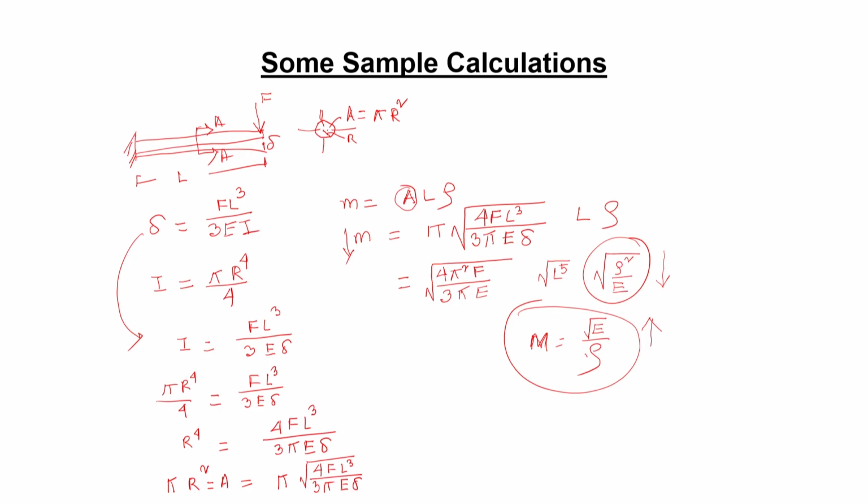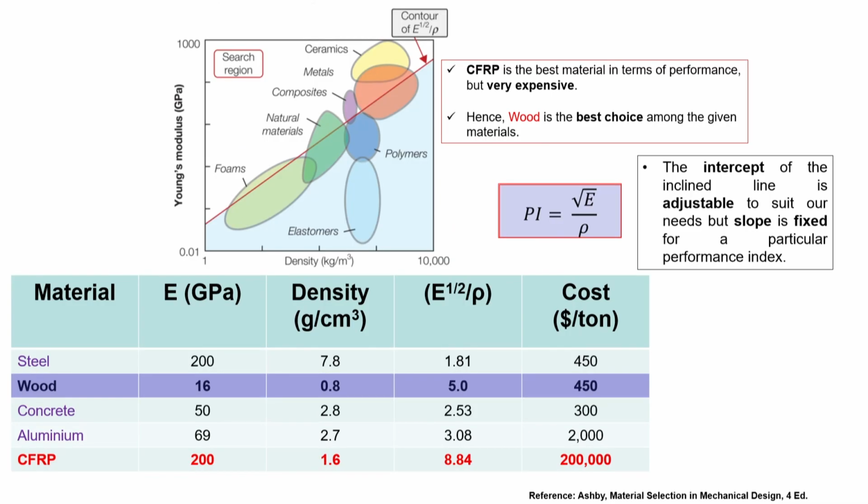So, keeping this point in mind, now we know that the performance index is the square root of E by rho.